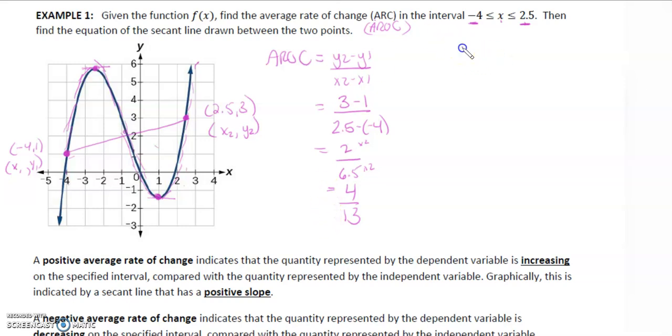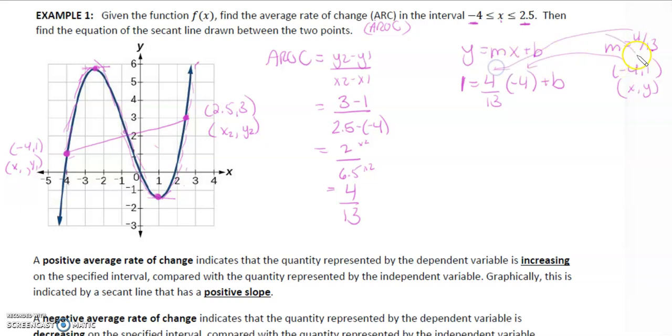As a reminder, if we have the line y equals mx plus b, we have the slope, which is 4 over 13. Let's just use one of these points. I'm going to use -4, comma 1 for our x and our y. So y is 1, slope 4 over 13, x is -4, and then plus b. All I did there was sub in our x value, our m value, and our y value.